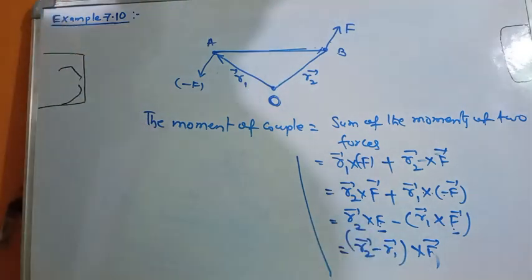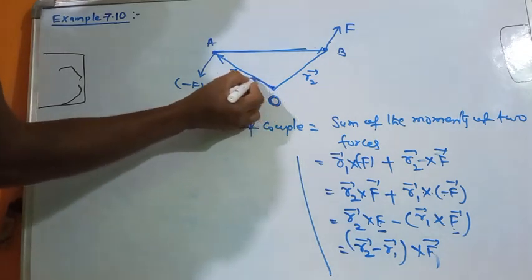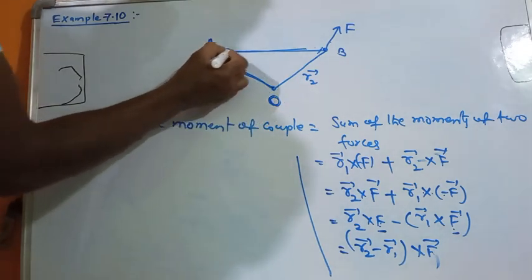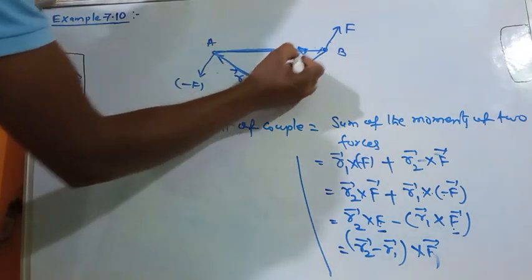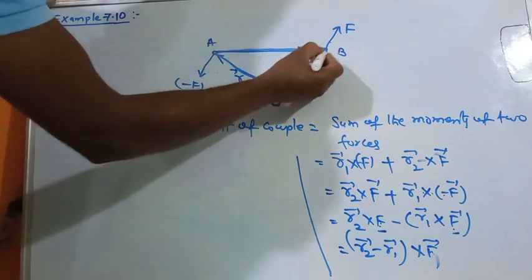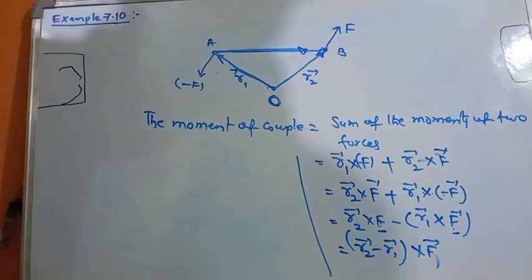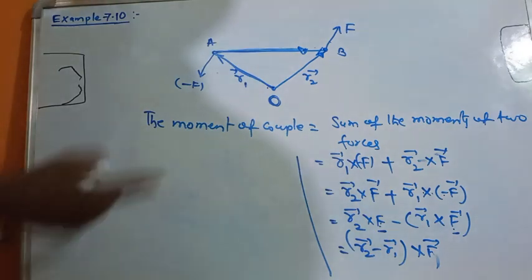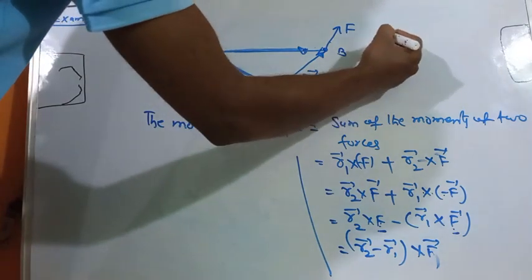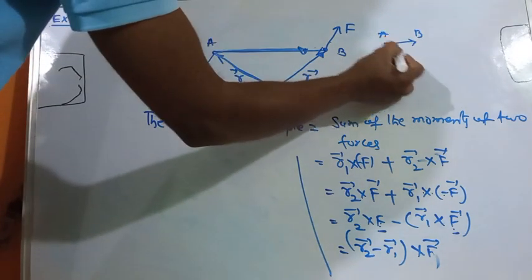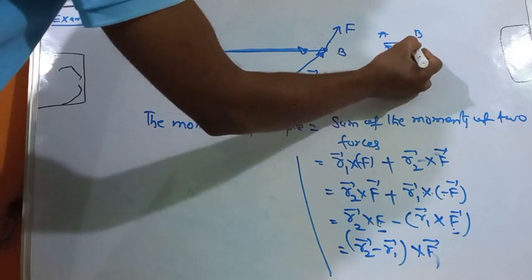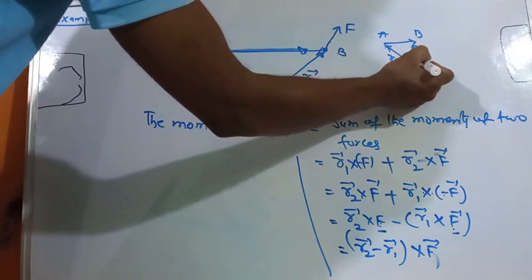R2 minus R1 is nothing but here. This is the position vector R1 and this is the AB vector. Both are in the same order, and this is also a position vector. According to the triangular law of vector addition, this is vector AB, this is vector R1 and this is vector R2.